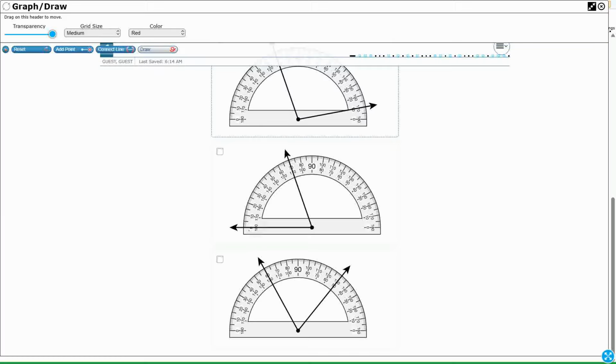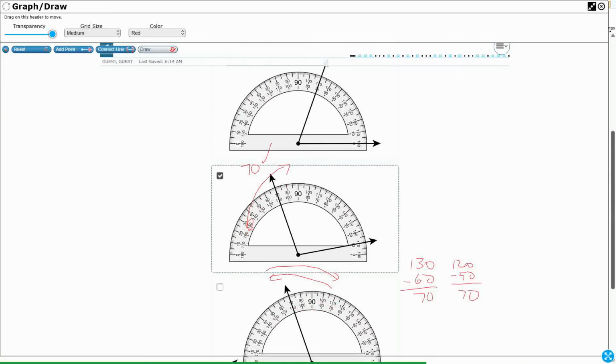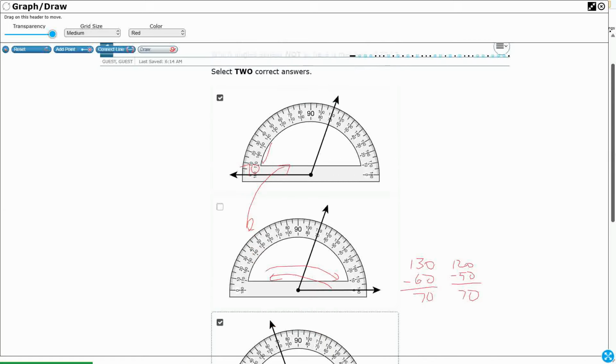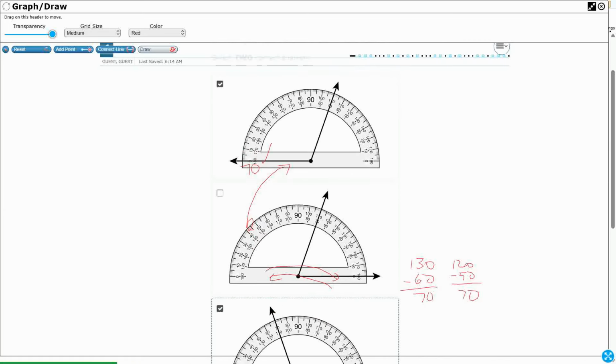So yeah, this goes from 0 all the way up to 70, so that's 70. And then this goes from, on the outside, 60 to 130, or on the inside, 50 to 120. Either one is going to get a 70. So these two, option 1 and option 3, if you want to call them A and C, that's fine.